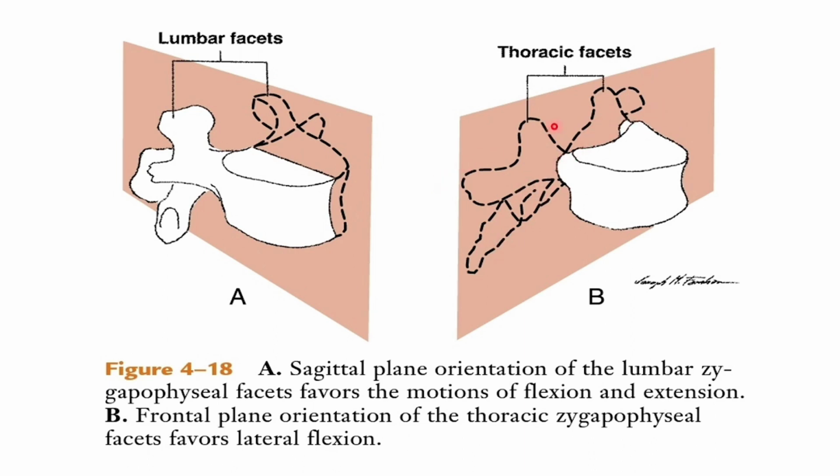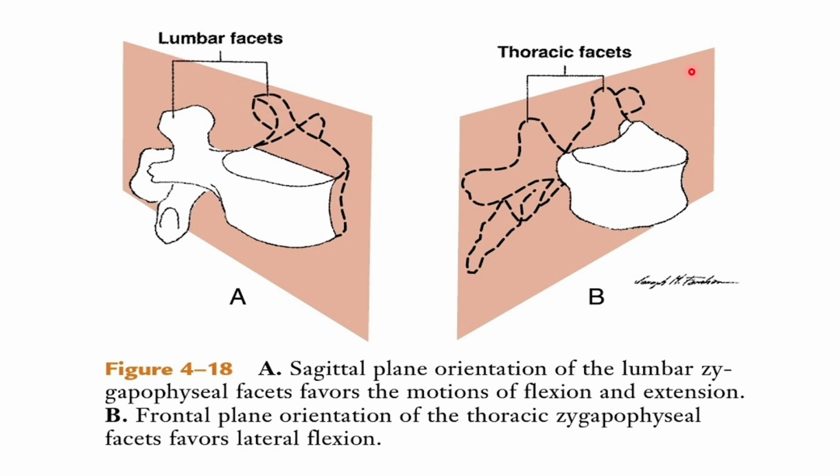So this means the direction of motion is determined by the orientation of your facets. If the facet is oriented in a sagittal plane manner, then the motions of flexion and extension will predominate in the lumbar spine.